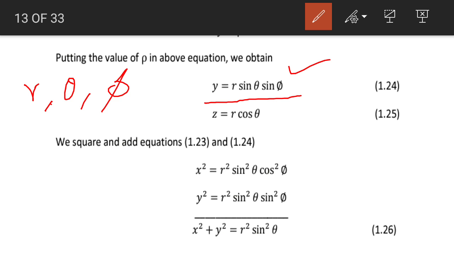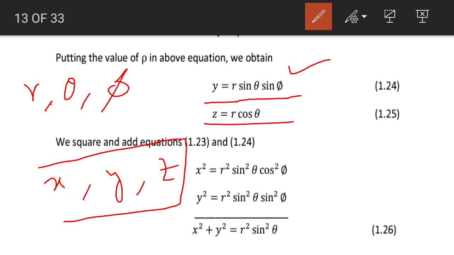We already know that z is equal to r cos theta. So this is how we calculate the x, y and z coordinates of this point, and we can draw the same point with the help of these rectangular coordinates.